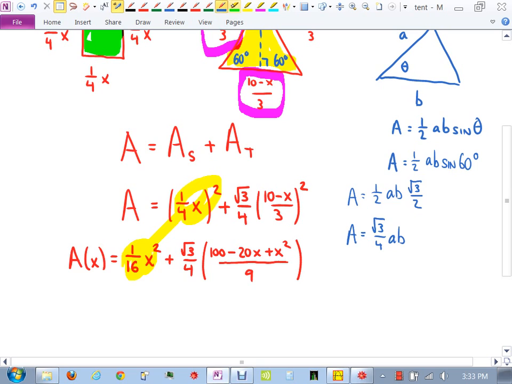And then what I did is I took this right here and I squared it. Well, 10 minus x squared is 10 minus x times 10 minus x, which if you multiply it all out and collect like terms, you get 100 minus 20x plus x squared. And then you square the 3, you get 9.